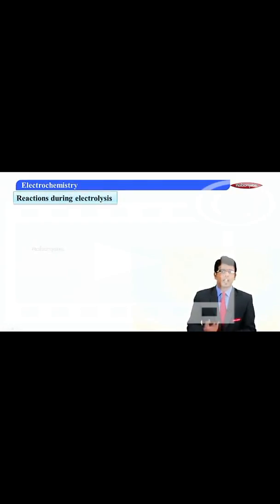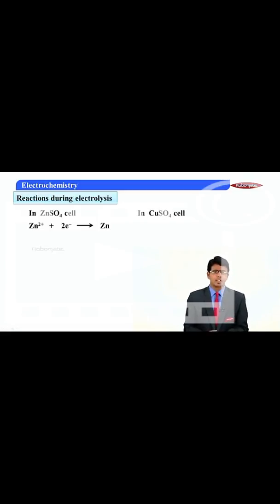Now, the reaction which is taking place during electrolysis in the zinc sulfate cell, we have Zn2+ plus 2 electrons giving you Zn, right? So this is the half reaction for reduction of Zn2+. In the copper sulfate cell, we have reduction of copper ions taking place. So Cu2+ plus 2 electrons giving you Cu.